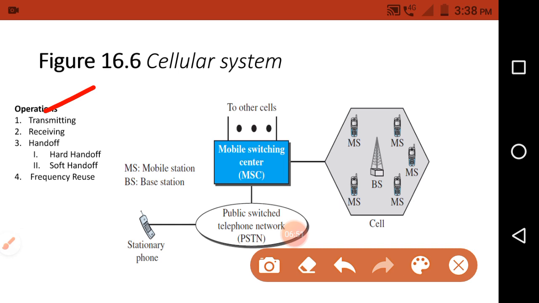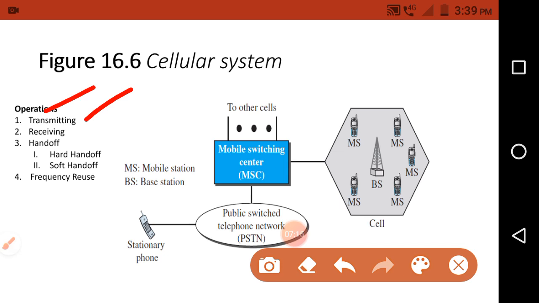The first is transmitting. So how will the call be transmitted to the other mobile device? First, a particular person types the mobile number on the mobile screen.